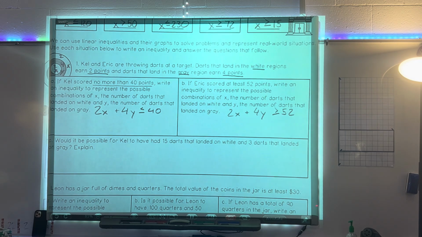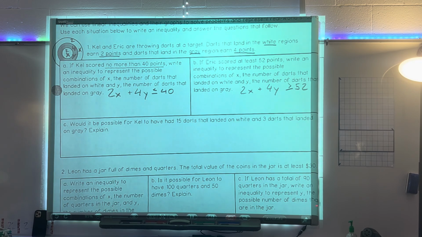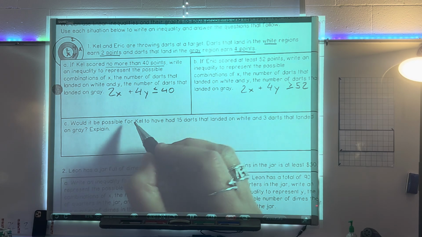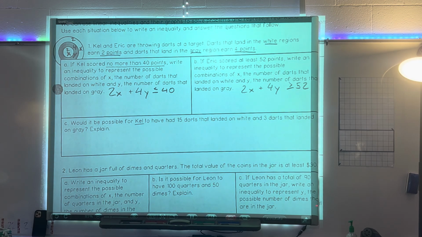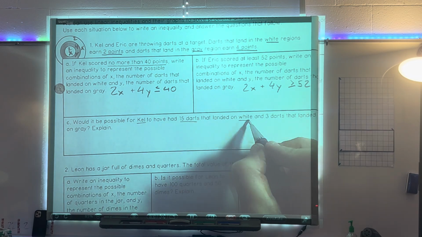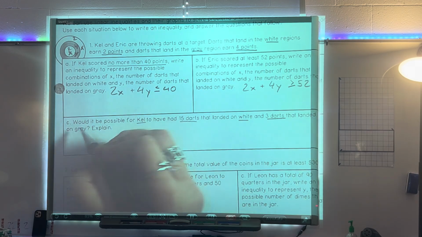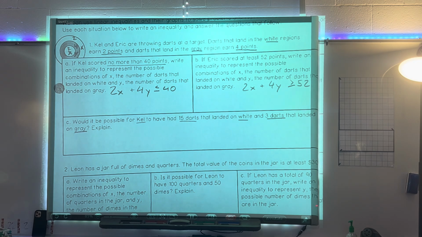That didn't change, just the points changed and what was on the other side changed, right? White is still 2 points and gray is still 4 points. All right, the next part said, would it be possible for Kel to have had 15 darts land in the white and 3 darts land in the gray? So how can I check that to see?